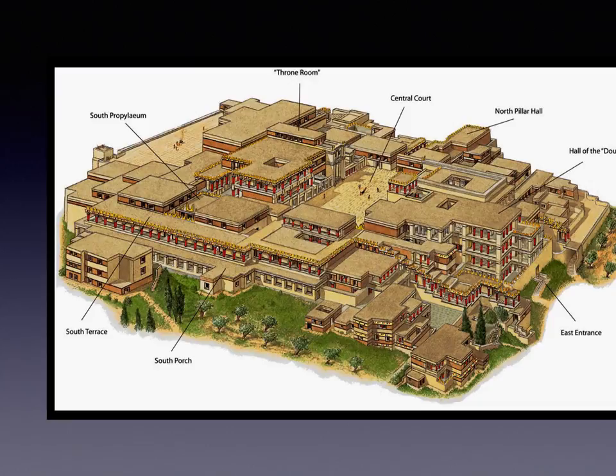Minos competed with his brothers to rule after he ascended the throne of Crete, of the island Crete. And Minos prayed to Poseidon, the sea god, to send him a snow-white bull, the Cretan bull, as a sign that he was supported. Sidebar here, Evans named Minoan culture, of course, after King Minos, who ruled from Knossos, the complex we're looking at.